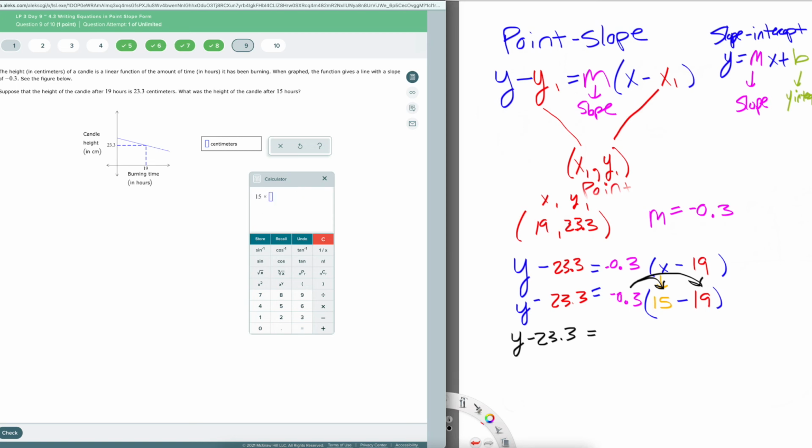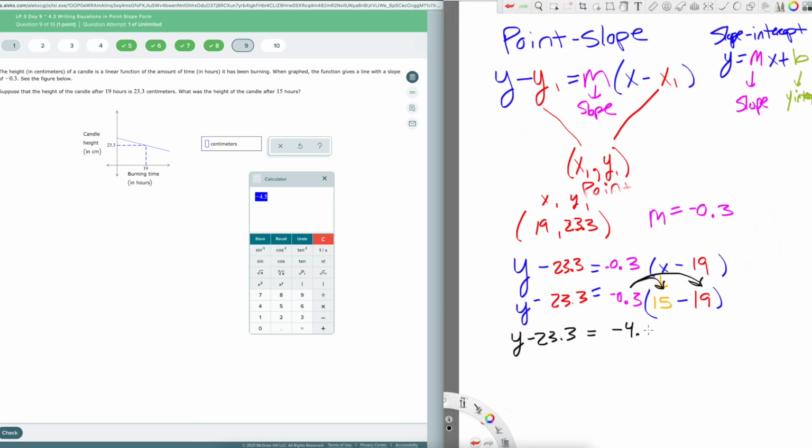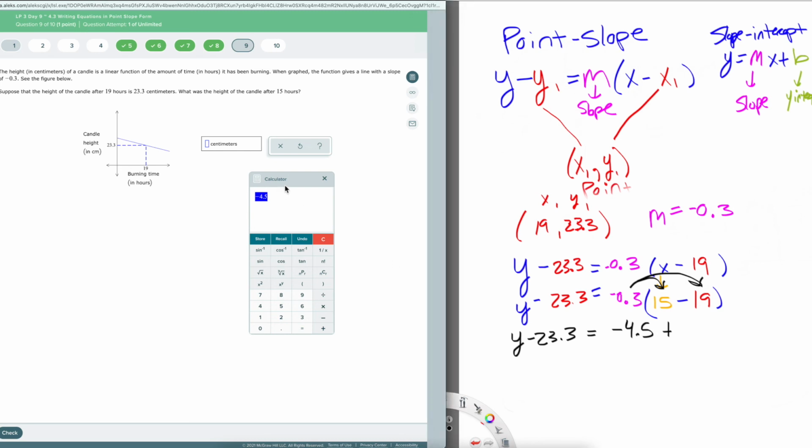All right, so I'm going to hit equals, and I get negative 4.5. Two negatives, I know this is going to be a positive because it's negative 0.3 or negative 3/10 times negative 19. Be careful about that. Make sure you're paying attention to what's going into your calculator just so that you get the right information here. So there we go. So it's positive 5.7.